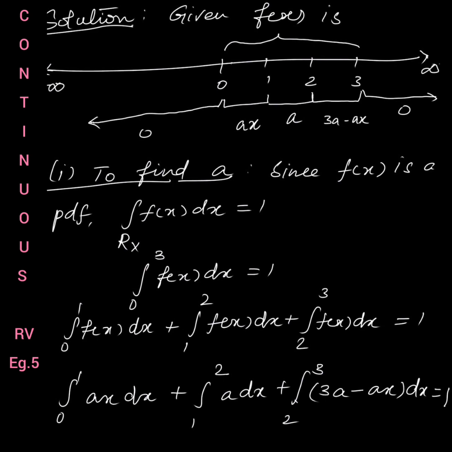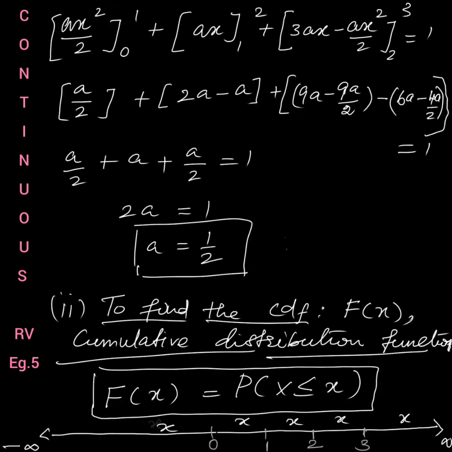For that we use the property of PDF, which is integrating f of x, we get 1. So here the region is Rx, means the region, it is 0 to 3, and 0 to 3 is split as 0 to 1, 1 to 2, and 2 to 3. For each portion of the integral, we enter the integrand as ax, a, and then 3a minus ax.